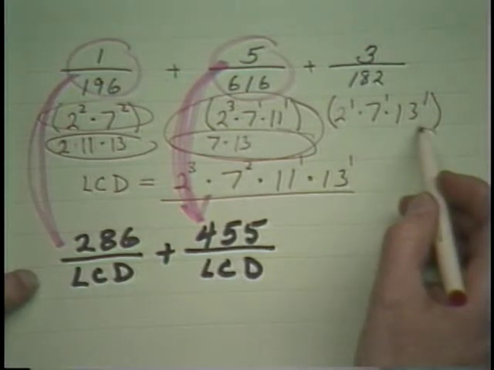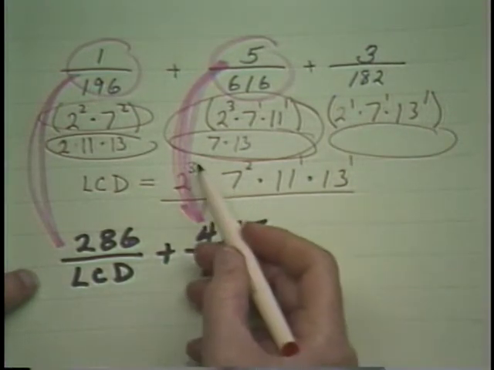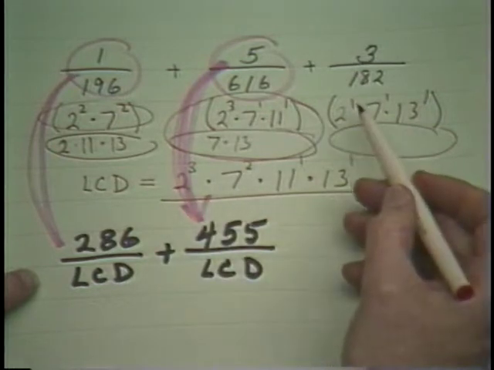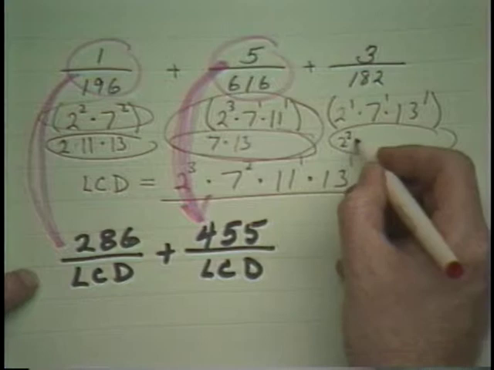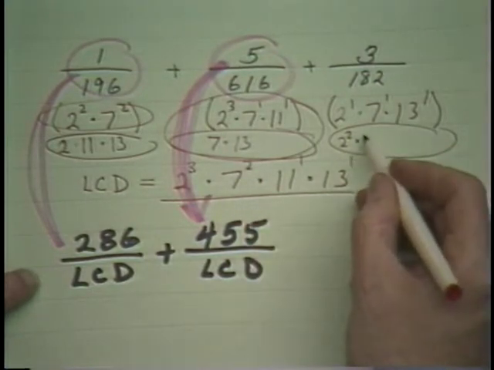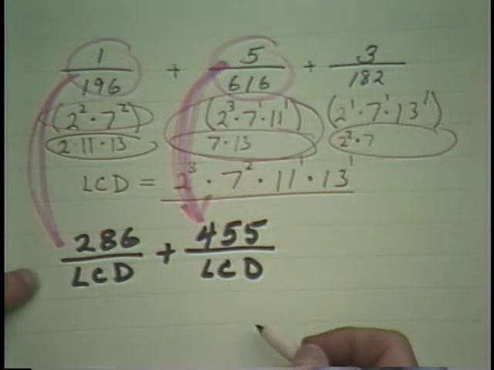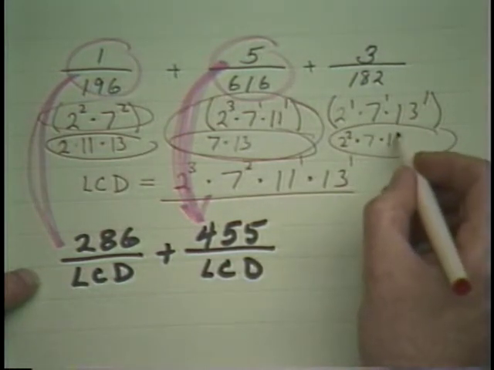Now just repeating this procedure, I want this to look like this. Well, this has 3 2's, this only has 1, so I need 2 more 2's. This has 2 7's, this is only 1, so I need 1 more 7. This has 11, this has none, so I need an 11.